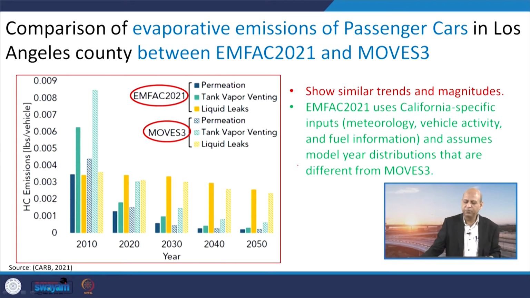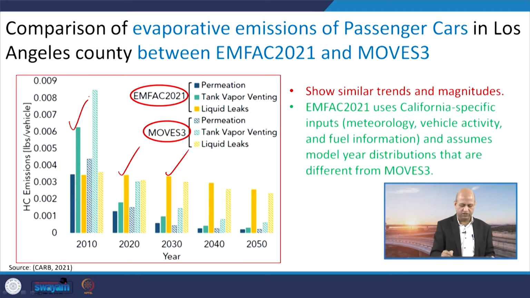If you want to compare whether it estimates lower or higher values if we use MOVES and EMFAC, this is one interesting example. Basically you see these liquid leaks, tank vapors.